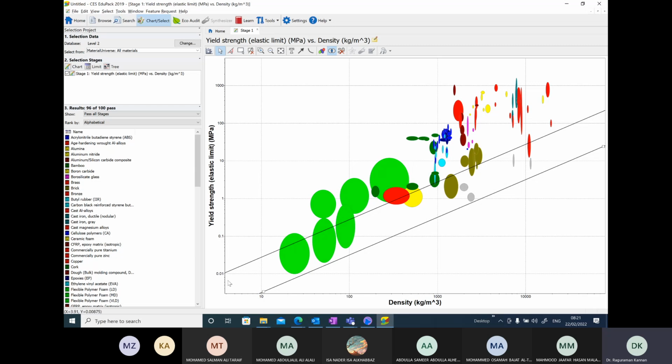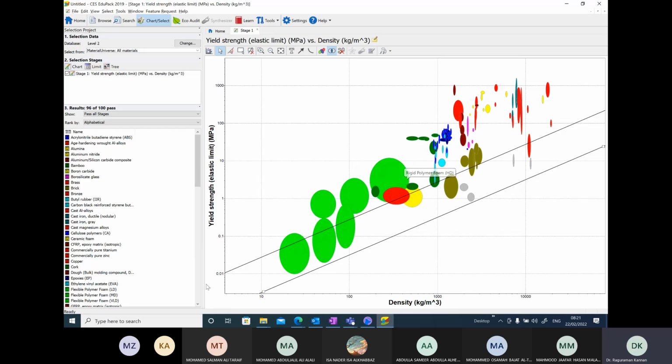We can get the slope by picking any 2 points. You can pick this point on this line, and then pick any other point, for example here, and get the corresponding values of the yield strength approximately. Then you will also have the 2 density values.